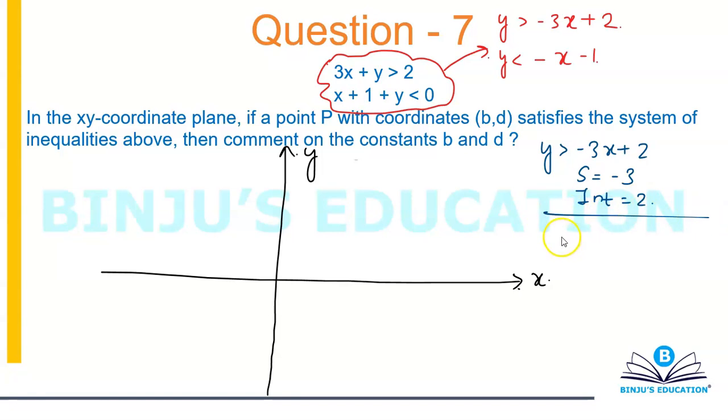For the second one, y is less than minus x minus 1, I can say that the slope is minus 1 and the intercept is also minus 1.